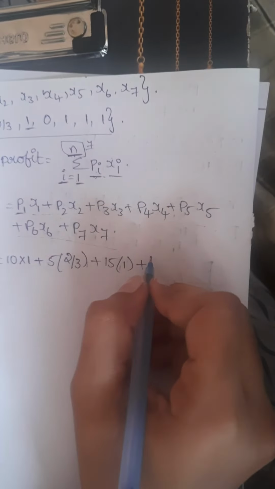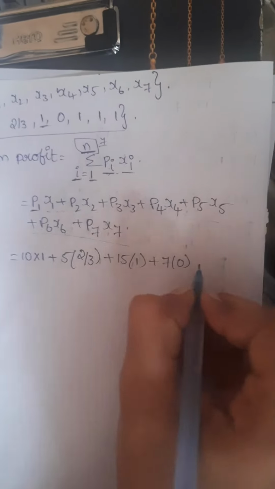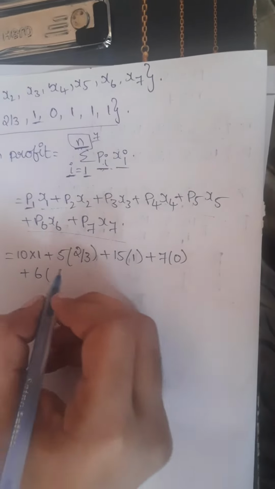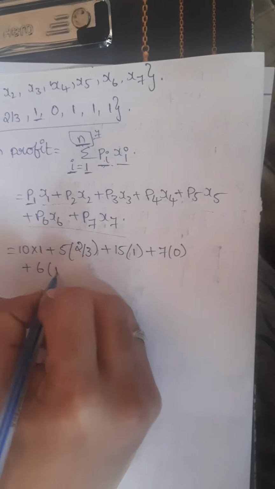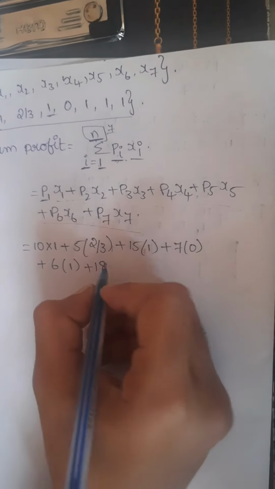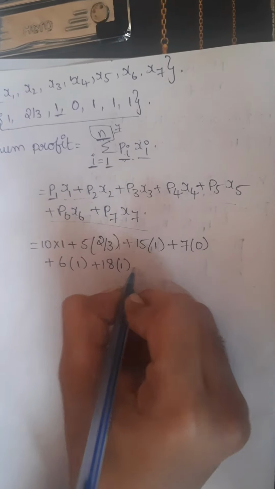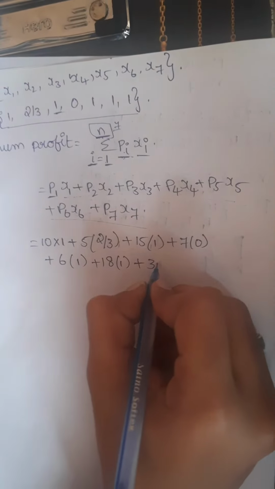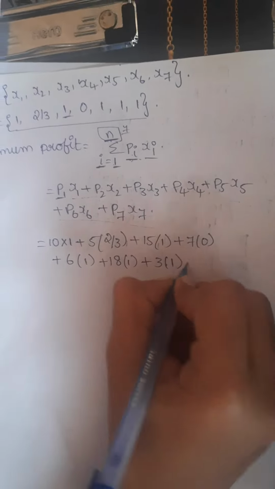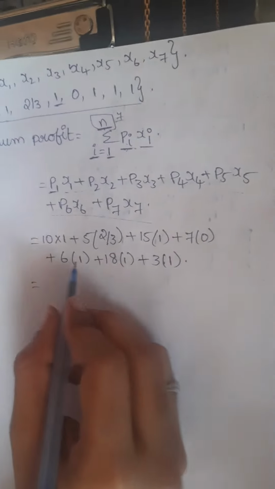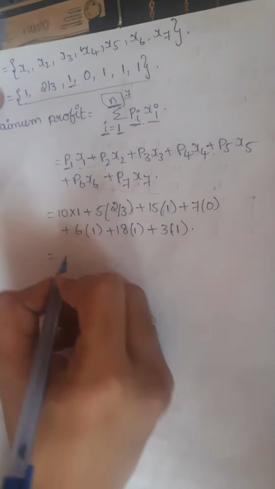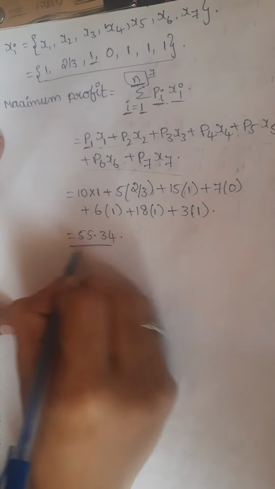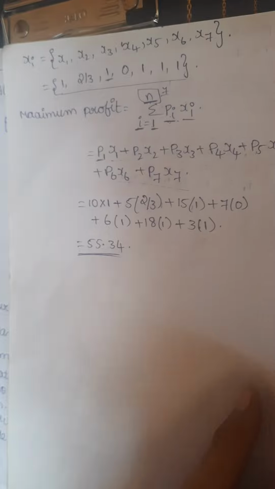And next the P4 value is 7, x4 is 0, and the P5 value is 6 and the x5 value is 1. And next the P6 value is 18, x6 is 1, and then the P7 value is 3 and the x7 value is 1. After calculating all this, we get 53.34. This is the maximum profit for the given knapsack problem.